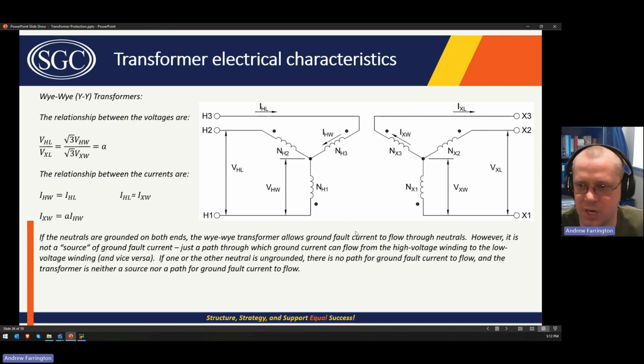There are a lot of examples of different transformer winding drawings and the equations that are provided with them, and I didn't find any that I really liked, so I ended up making my own. So I apologize if there's a typo or something, but I did these myself in CAD.